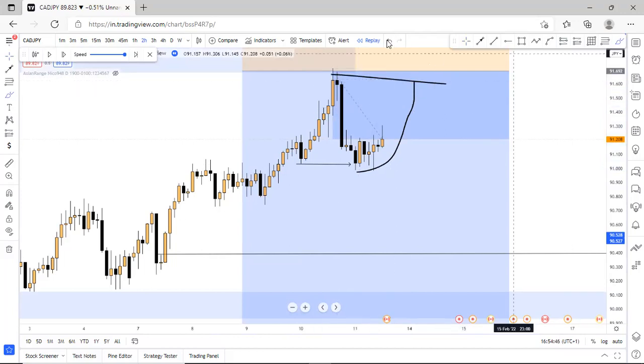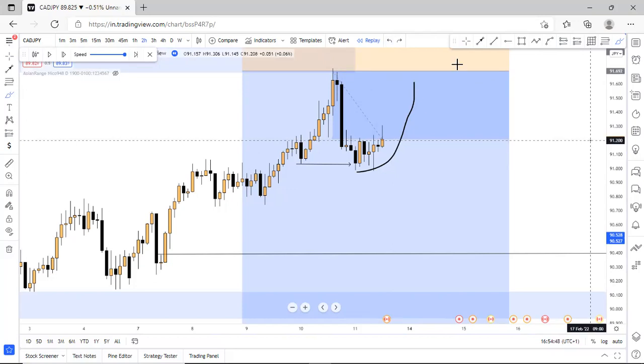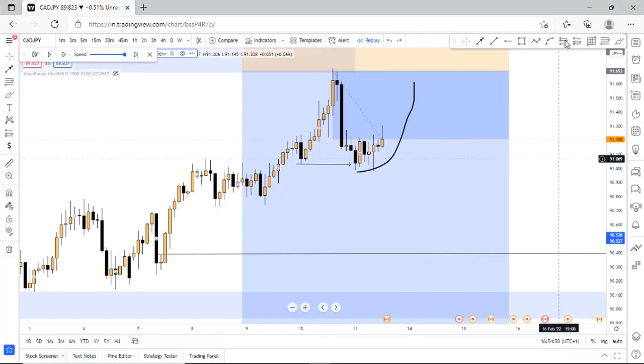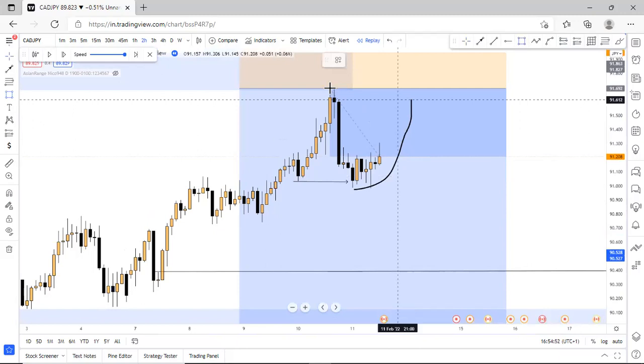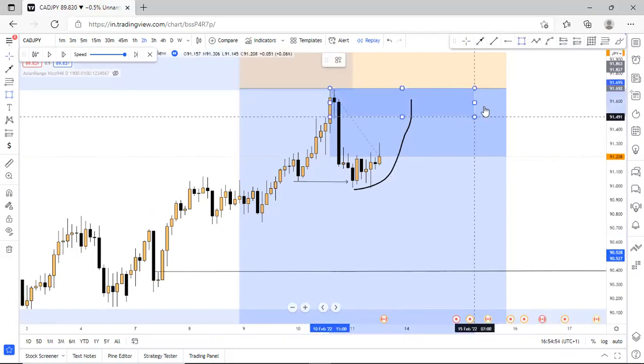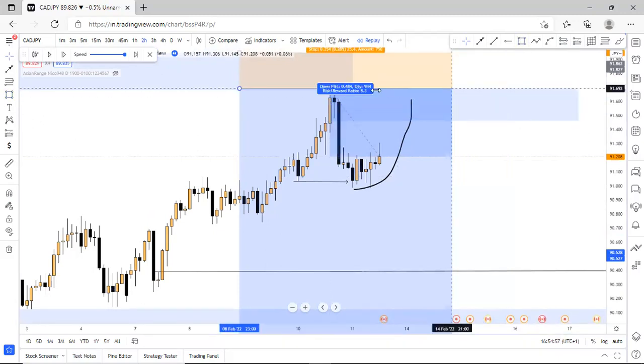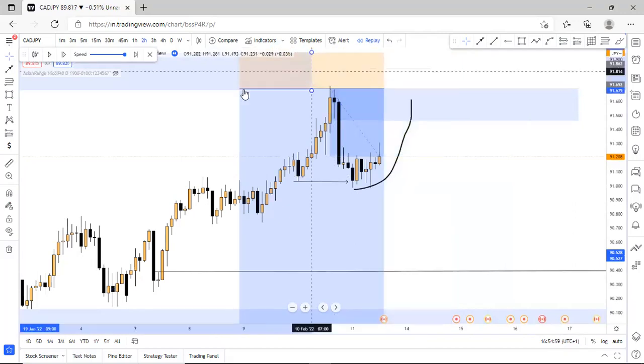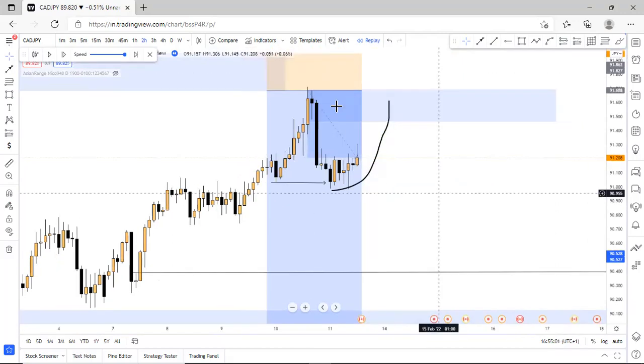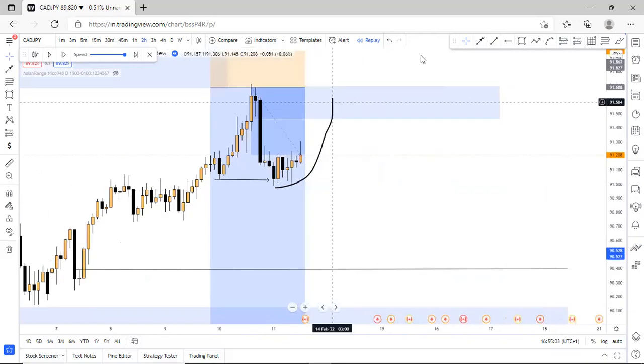So this is another good area. This is another supply area to take another entry from. So we have this supply zone. This is another supply.